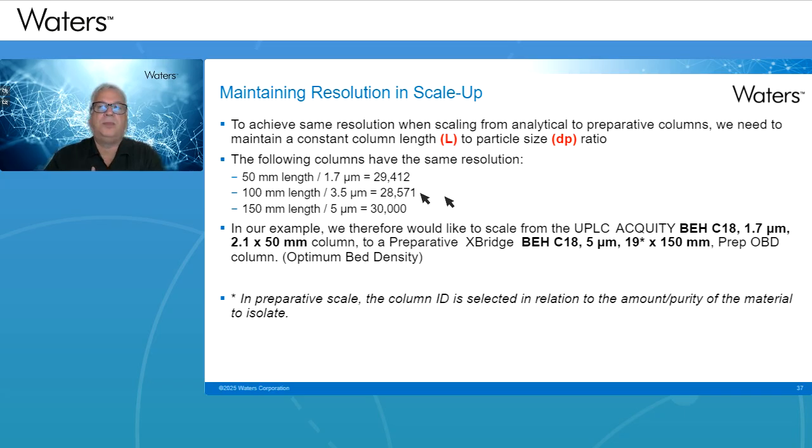In the case of a prep column, because we want to isolate as much product as possible in one injection, we want to go with the column that has the largest volume, because we will be able to isolate more compounds. So in this case, we picked the 5 micron by 150 millimeter long, which has more capacity to load than the other one.